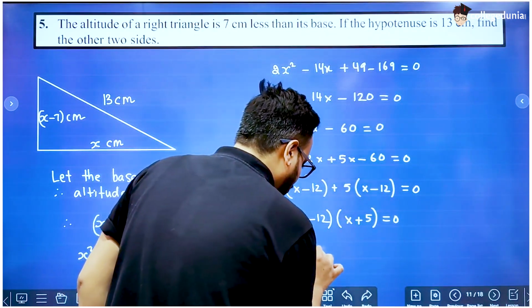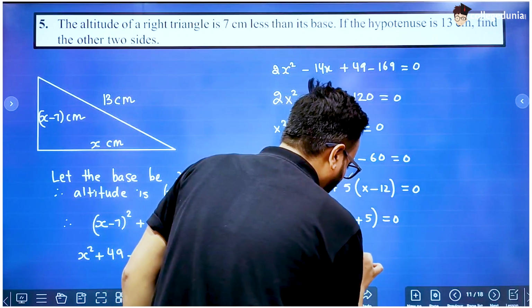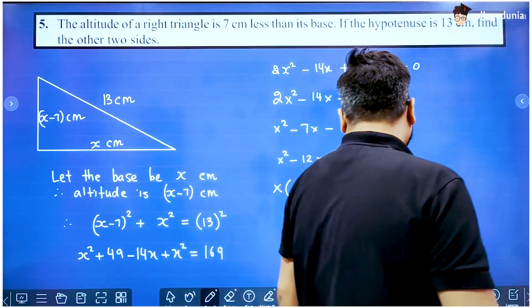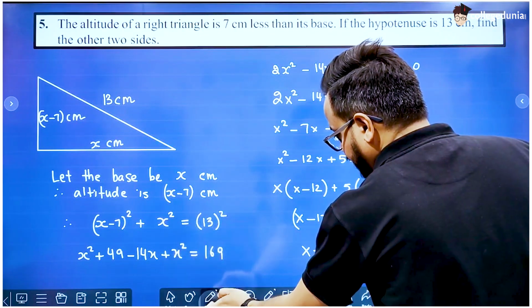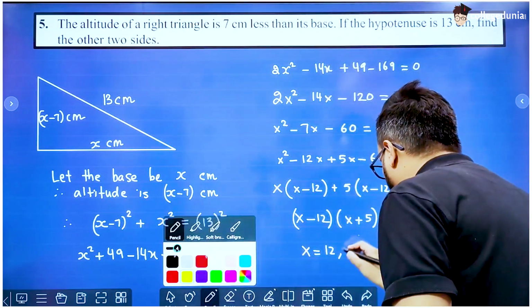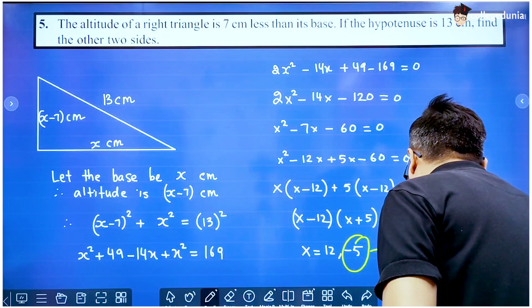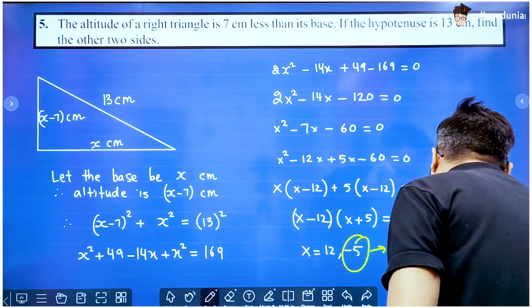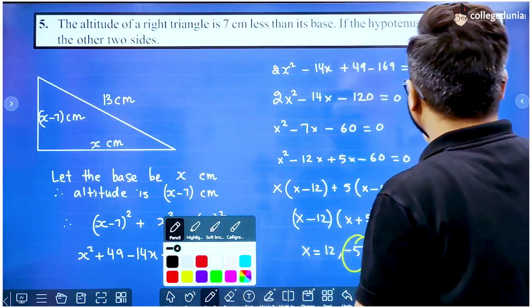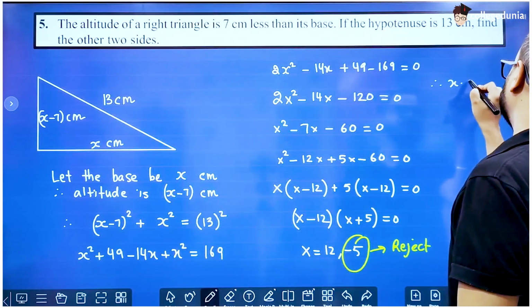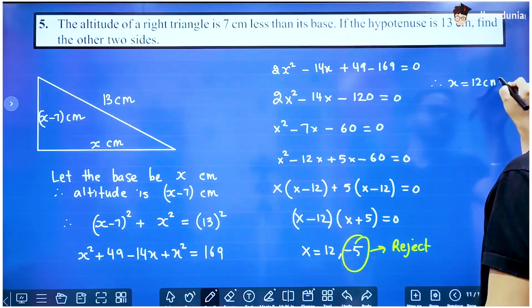Now if you put it equal to 0, x is 12 or minus 5. We have to reject this minus 5 value because x is length and length cannot be negative. So reject this value on the basis of its sign. Therefore x is 12 centimeter.